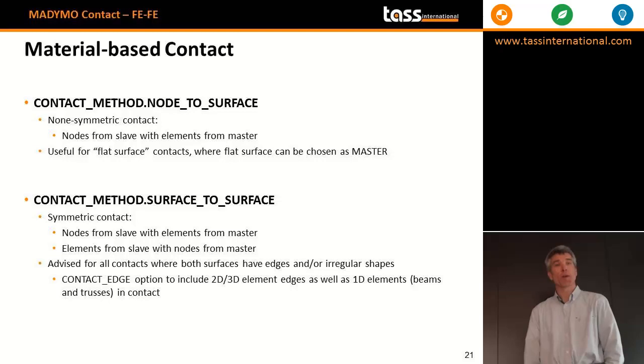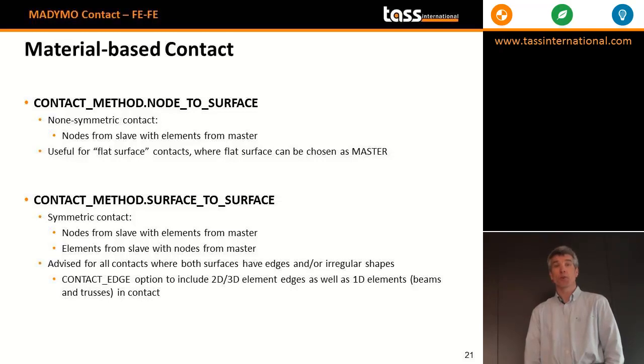If you would like to apply self-contact for the airbag, so suppose you have a folded airbag and you would like to define self-contact of the airbag, you don't have to specify the slave surface. The master surface is sufficient in those cases. The node to surface, as said, is a non-symmetrical contact.